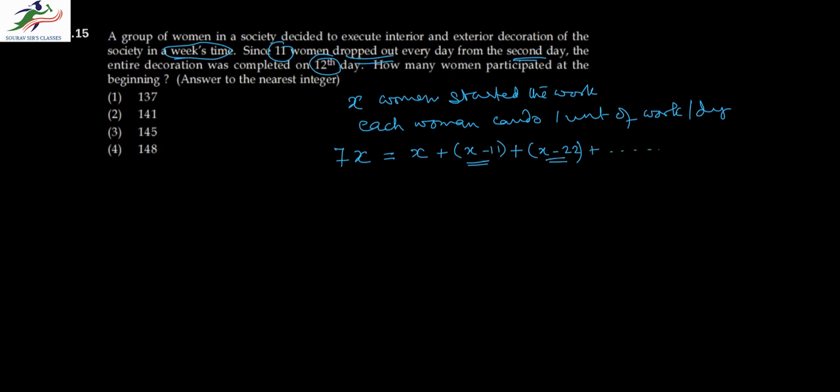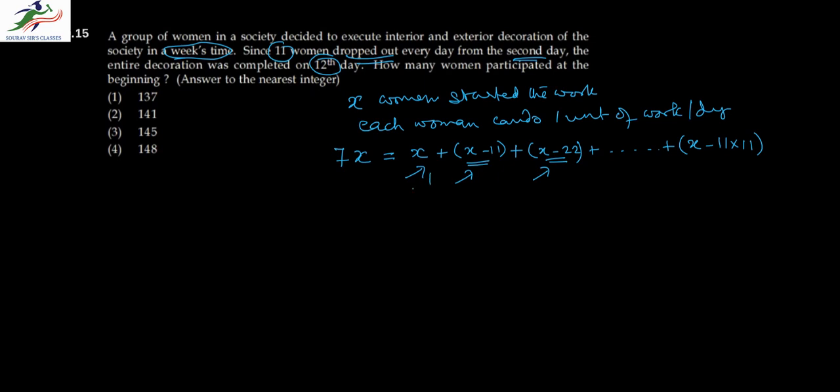And this goes on till the 12th day, where we have the 12th term, and as you can observe, this is a decreasing AP series where we have 12 terms, and the 12th term would be X minus 11 into the common difference, which is 11, X minus 11 into 11. So we have the equation.